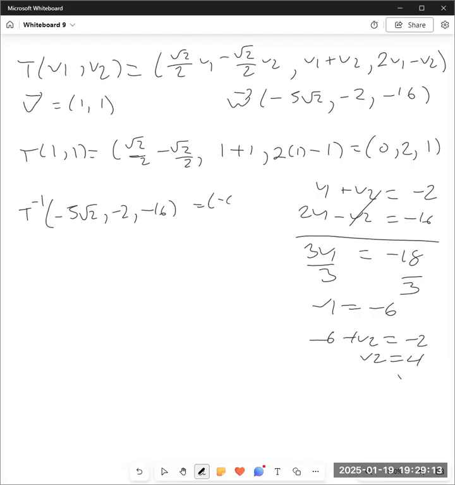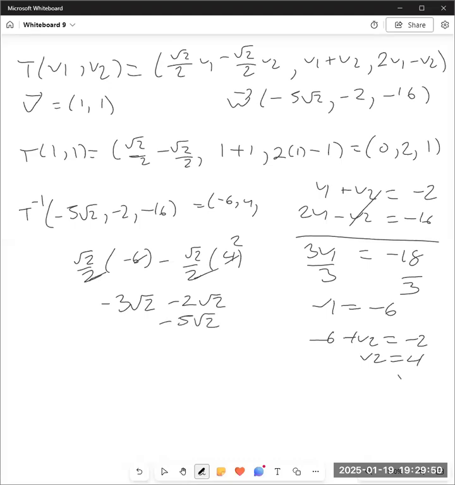So that's -6, 4, and then plugging those in to the first term here, I have root 2 over 2 times -6 minus root 2 over 2 times 4, and that needs to be a -3 root 2 minus 2 root 2 is a -5 root 2, which checks out.